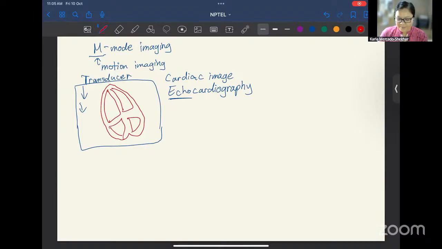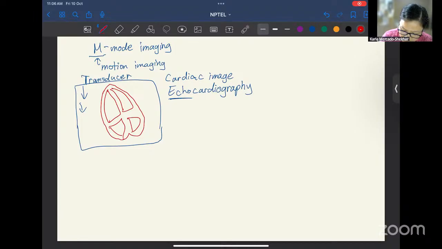M mode is typically used to image or detect motion, and it is usually used for echocardiography as well. Echocardiography also involves B mode imaging, and you can have Doppler ultrasound in there also. It's just a general term for imaging the heart.